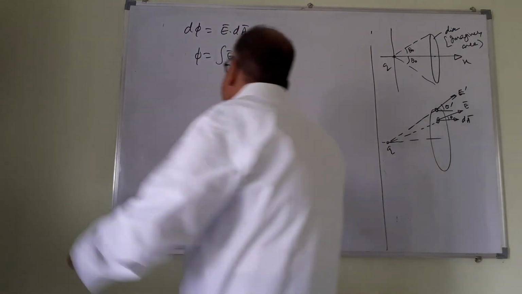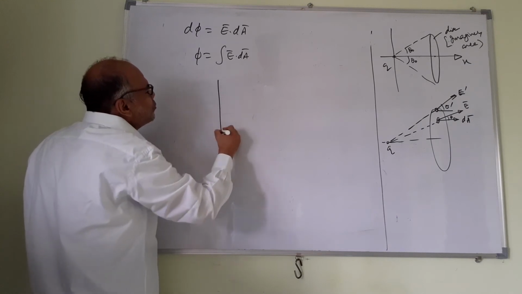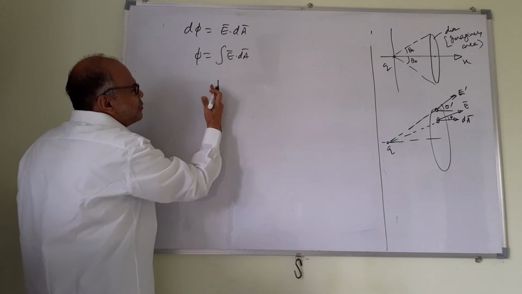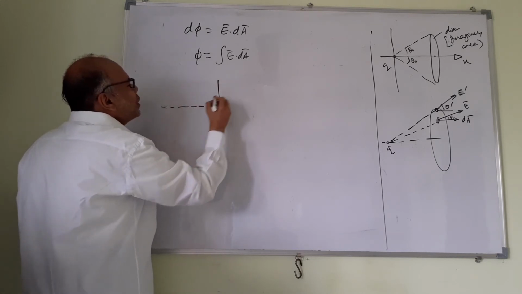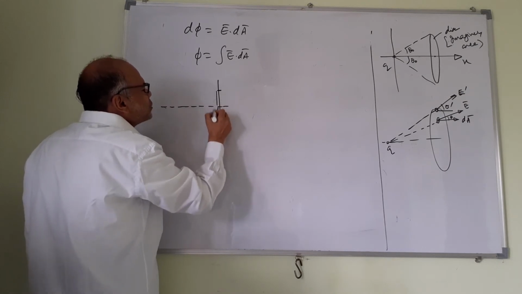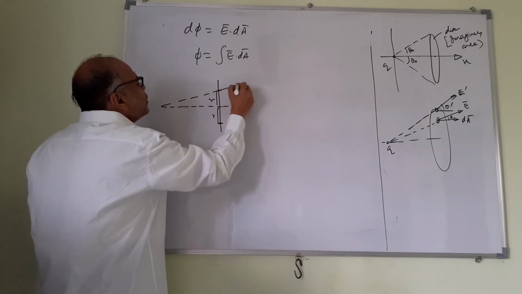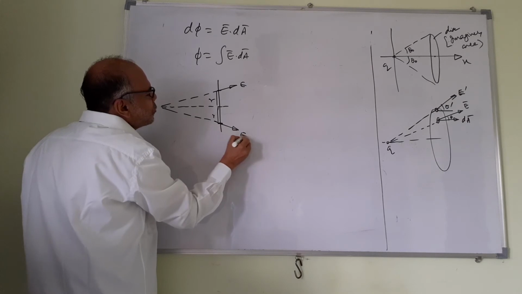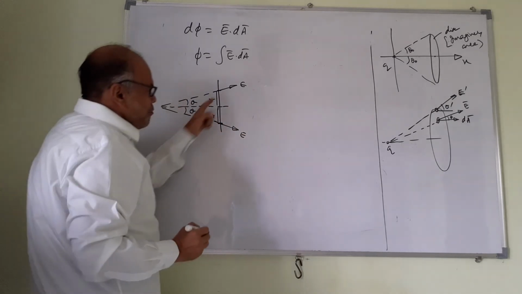Well, if you see, if I draw the disk here, and if I took a point here and here, both at a distance r, then if I drew the E here and the E here, the magnitude of E would be the same.